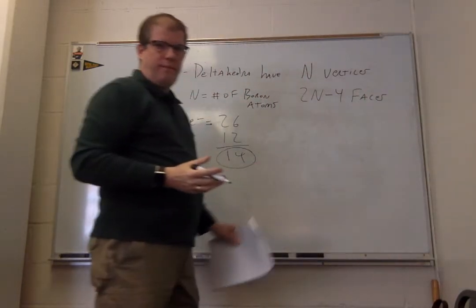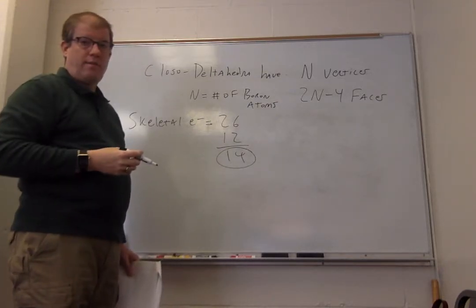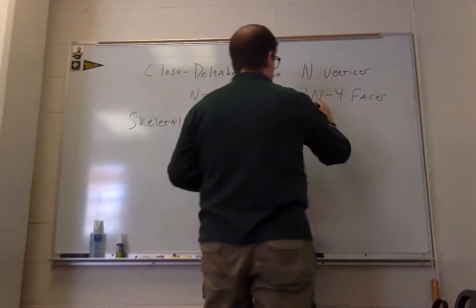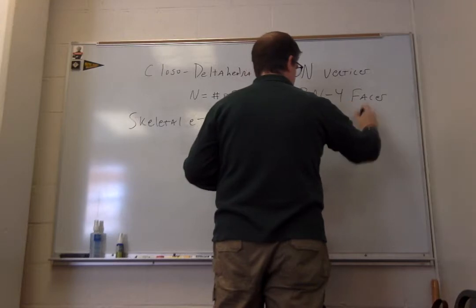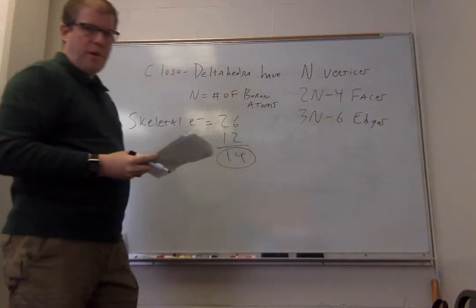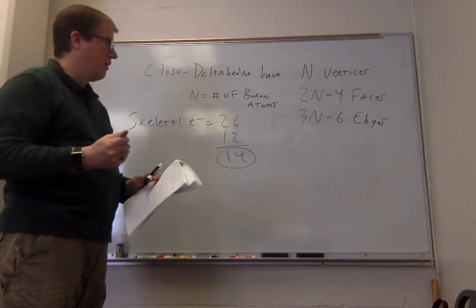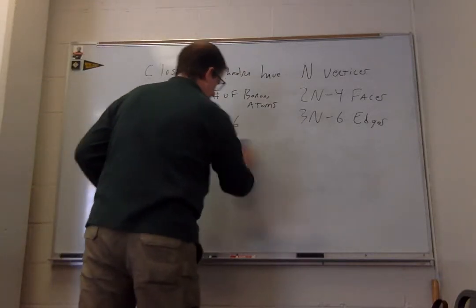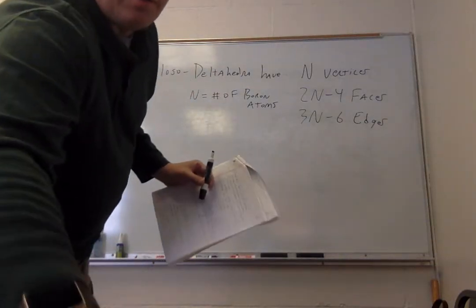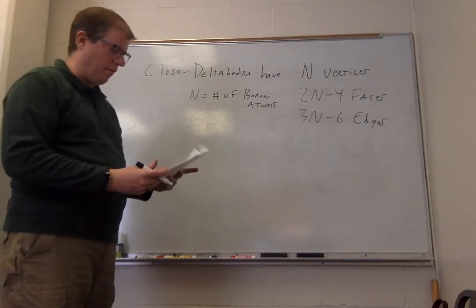Any deltahedron that's closo will have 2n-4 faces, n being the number of boron atoms, and 3n-6 edges. So those two formulas, 2n-4 and 3n-6, will be very important for doing the homework assignment, and also this is going to show up on the second exam. So learn them, because those are one of the things you'll have to know.